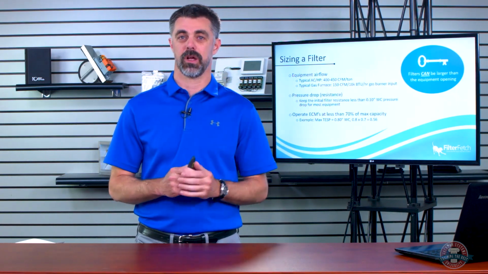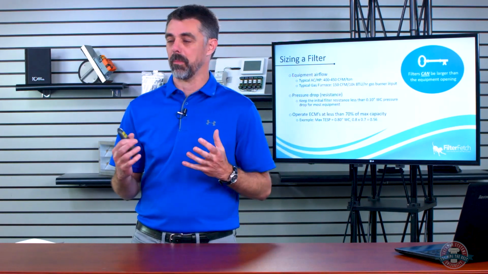I'm going to give you a generic chart here that you can download for Merv 8 filters. I did some research and looked at several manufacturers and came up with some average numbers for you. But when you get into higher Merv filters, you need to go back and talk to the manufacturer. A lot of manufacturers rate their filters at a specific feet per minute of velocity and don't necessarily rate it at the pressure drop that we are looking for.